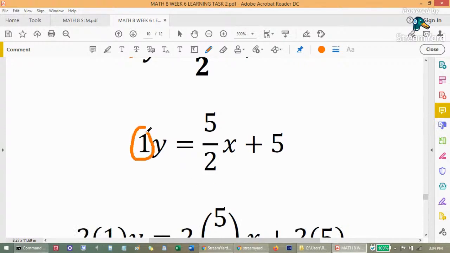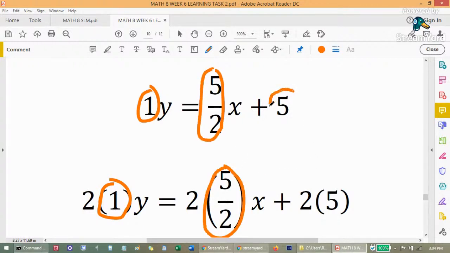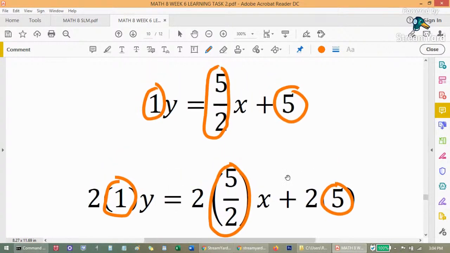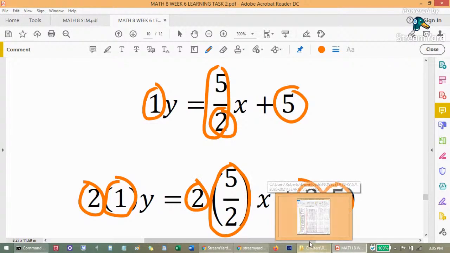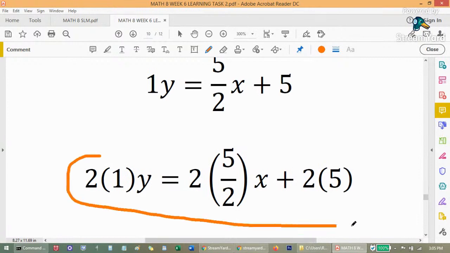Then lahat ng coefficient: 1, 5 over 2, 5. Lahat sila ay minultiply ng 2 times 2 times 2 times 2. Okay? Kaya naging ganito.